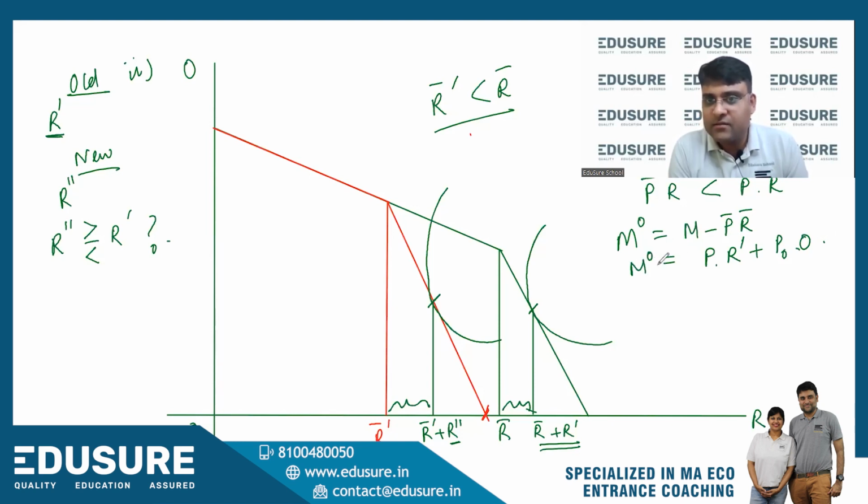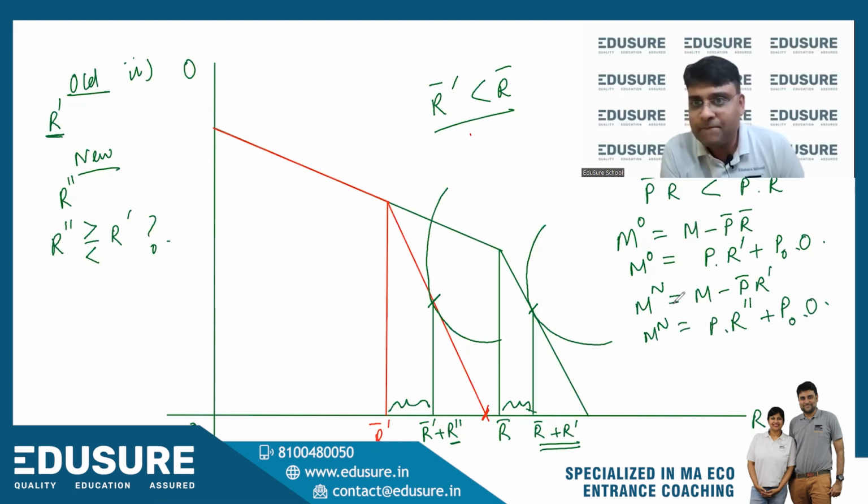This is my money income of the old case, M naught, which is M minus P bar R bar. Now in the new case, Mn is basically M minus P bar into R bar dash. And Mn is equal to P into R double dash plus P naught into the other good.